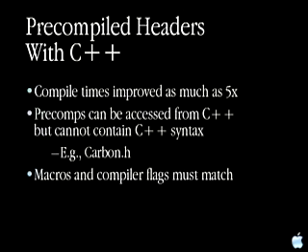We have an extra C++ aware precompiled header in all of our umbrella frameworks, but they cannot contain C++ syntax due to a limitation on the way that we do precompiled headers. And the other thing is that macros and compiler flags have to match, as with most precompiled headers. If you change a macro setting, the precompiled header will not be able to be used. We'll have to go back to the standard text header.